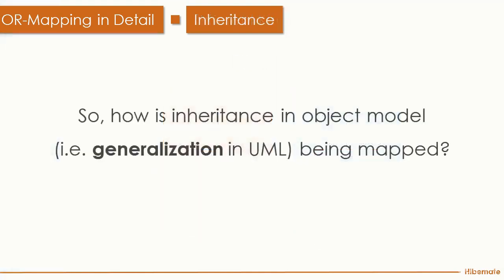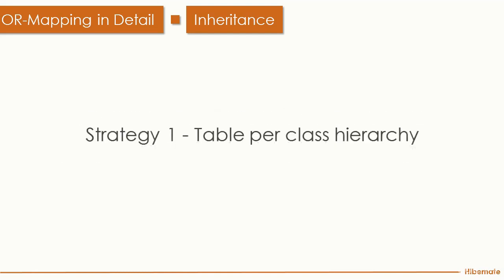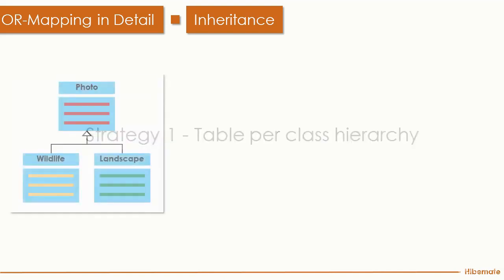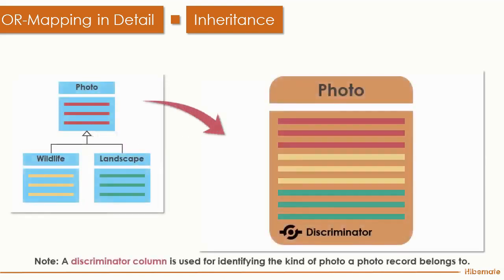Let's move on to a more advanced topic we talked about before: how to handle inheritance, the generalization in the ERD. We have different strategies. First, you can use one table to store all the attributes in the hierarchy. In this example, we have a photo class as a superclass, and we have some attributes in red, and the wildlife and the landscape. You have different types of attributes.